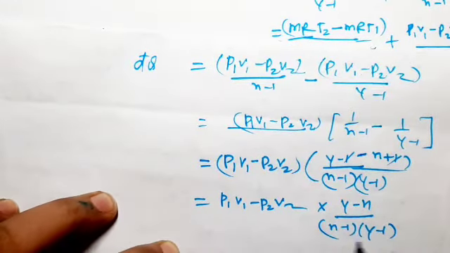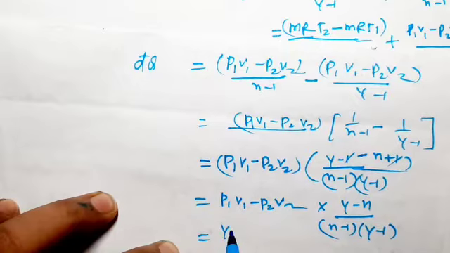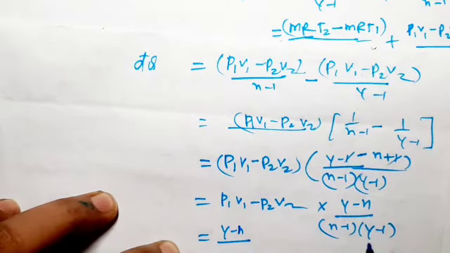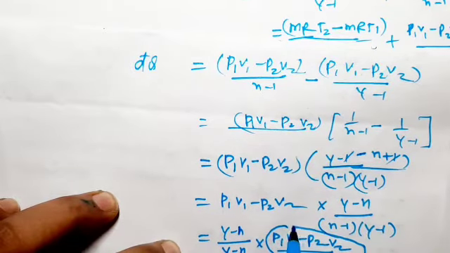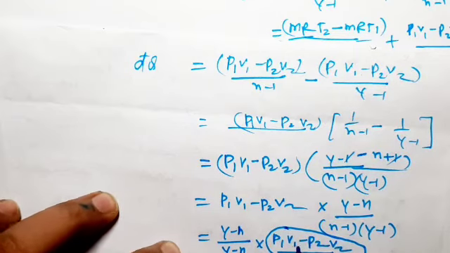So here we can say (gamma minus n) upon (gamma minus 1) into (p1 V1 minus p2 V2) upon n minus 1. So this is actually the work done during the polytropic process.